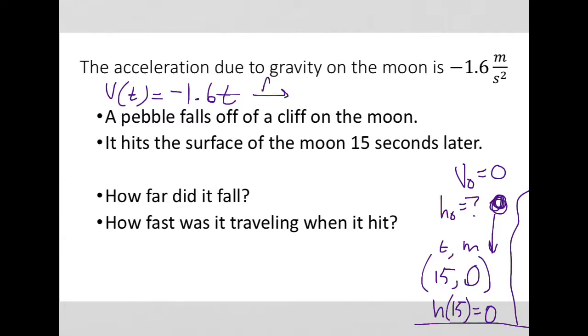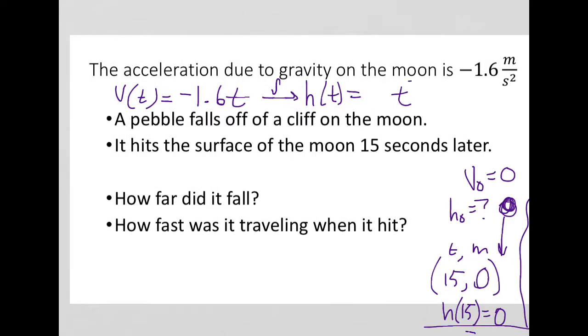If we then integrate that, we will get our height function, h of t, which will be negative 1.6t squared divided by 2, so half of negative 1.6, negative 0.8t squared, plus our initial height, h0. That will be our constant of integration there.